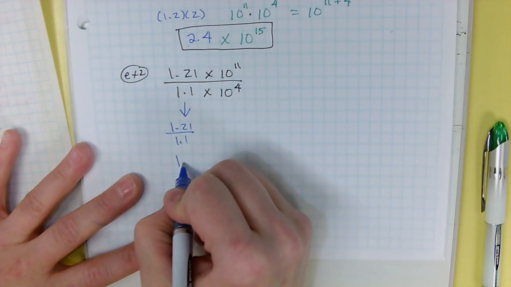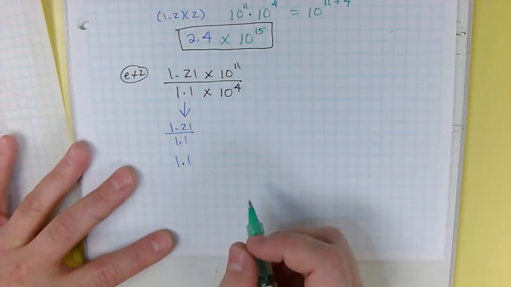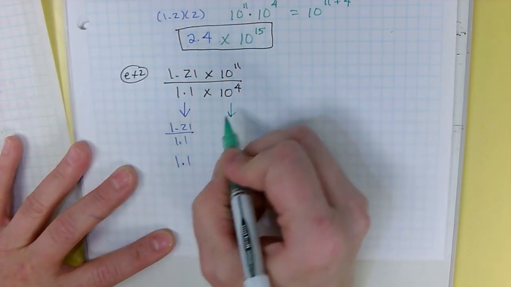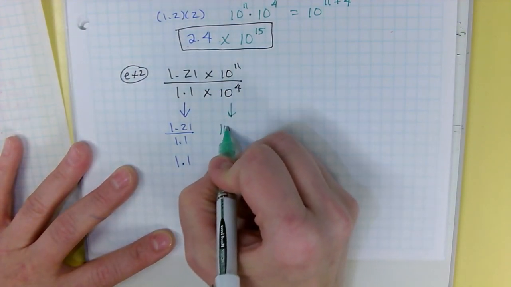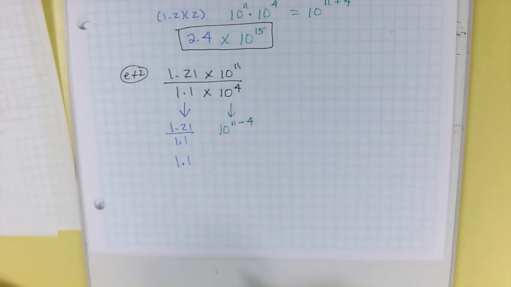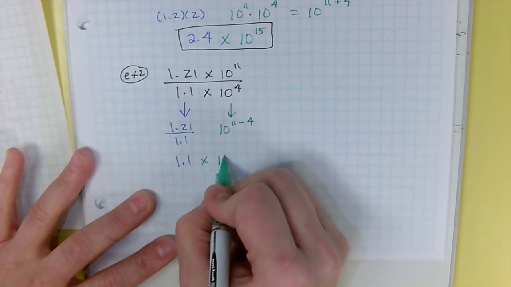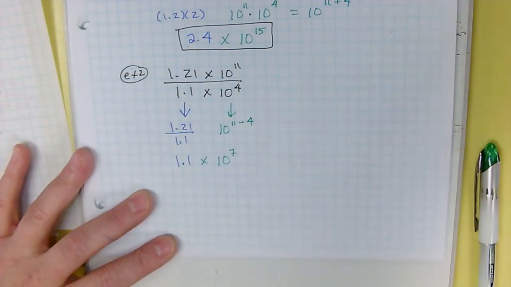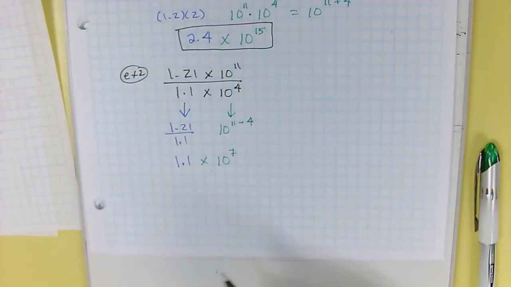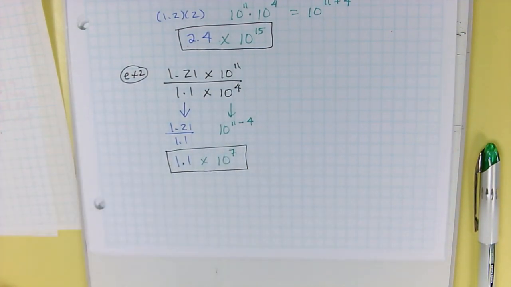When you do that, you get 1.1. Okay, now we're going to do the 10s. So it's going to be 10 to the 11 minus 4, top exponent minus bottom. 11 minus 4 is 7, so 10 to the 7th. And our C value is between 1 and 10, so we do not need to fix that one.